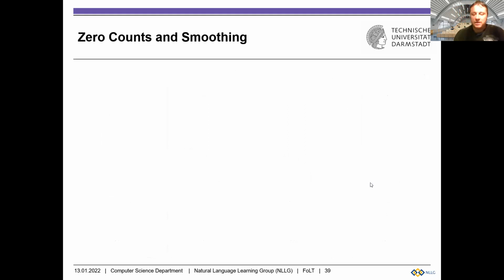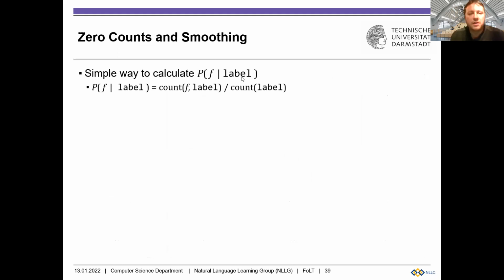Now there's one final thing that we want to remind you of, and this is zero counts and smoothing. So how do we actually calculate the probability of the feature given the label? There's a simple formula that is based exactly on the definition. The definition was that the probability of A given B is the probability of A and B divided by the probability of B. So we would count how many times the label co-occurs with the feature.